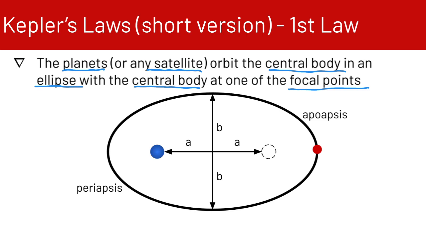So here we have our focal point, that's the central body, and we have our ellipse here, and we'll get into more detail about the axes of the ellipse, but for now we can see we have our little object, our satellite, orbiting around the central body in the ellipse.